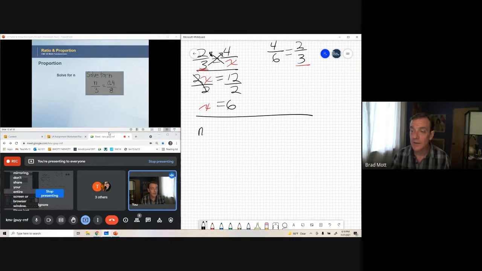So n, which is our unknown, is to 3 as the decimal 0.4 is to 8. All right, we're going to cross multiply and get 8 times n is the same as 3 times 0.4, which is 1.2.